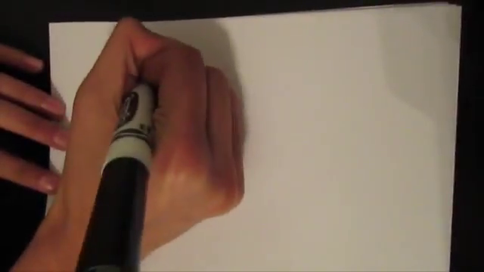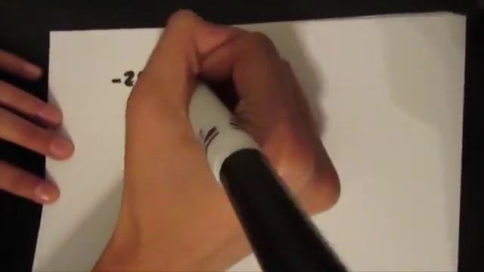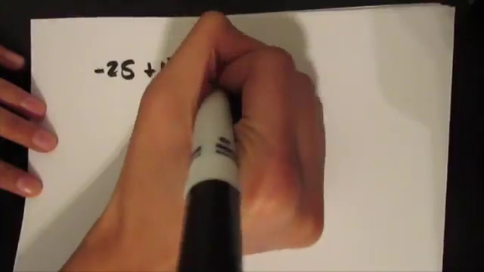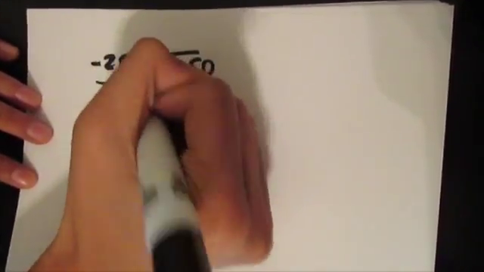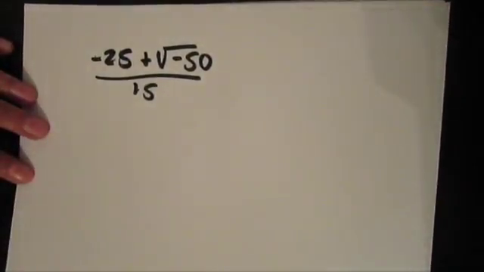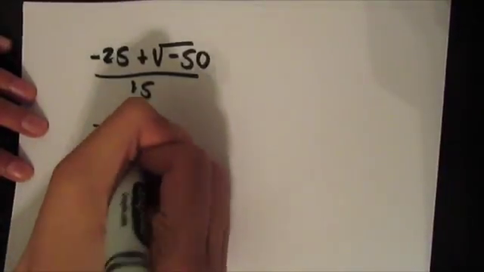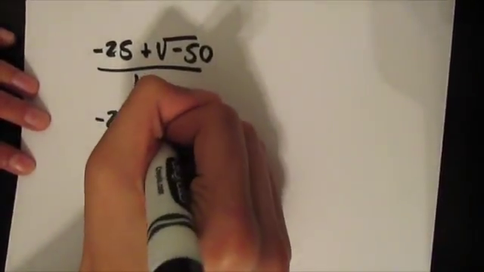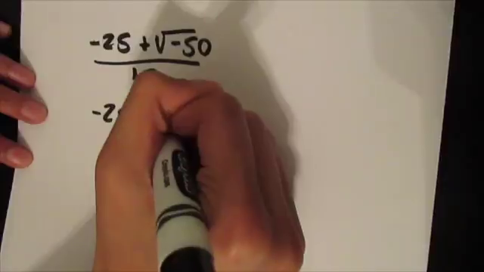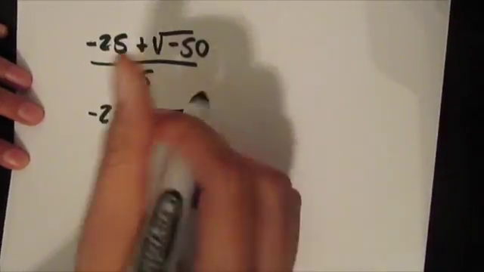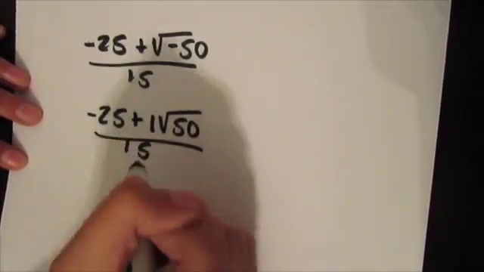Next concept we will be going over is operations involving square roots of negative numbers. So basically operations involving imaginary numbers, or our i's. If we have negative 25 plus radical of negative 50, all over 15, this is our problem. Applying the concepts we learned, it would be i inside the radical of 50 over 15.